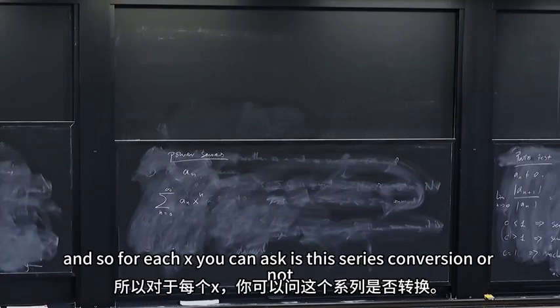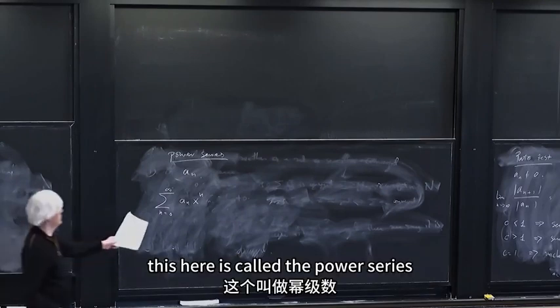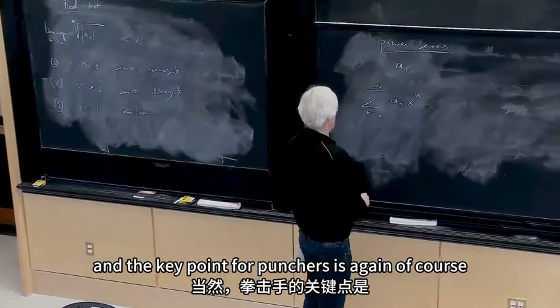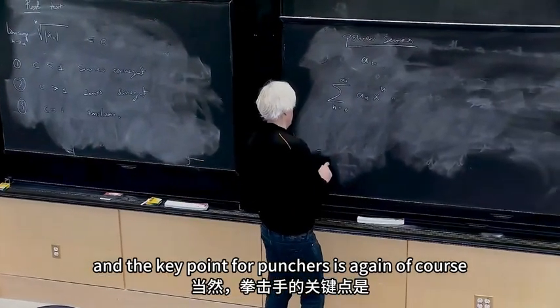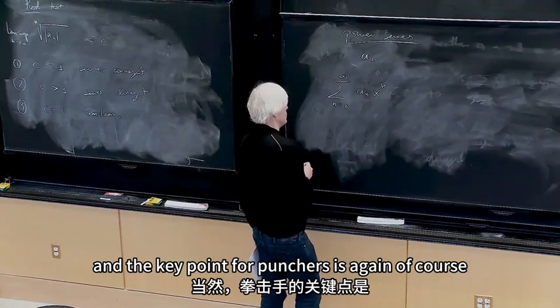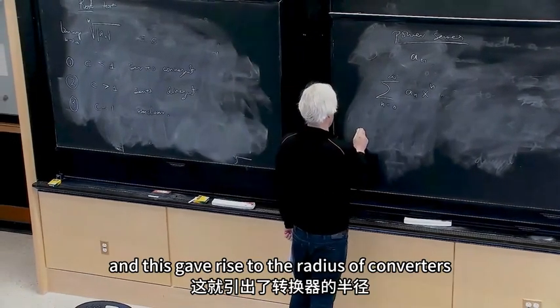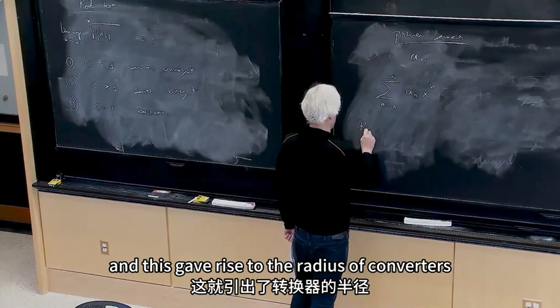And so for each x, you can ask, is this series convergent or not? This is called a power series, and the key point is, of course, whether or not this is convergent. And this gives rise to the radius of convergence.